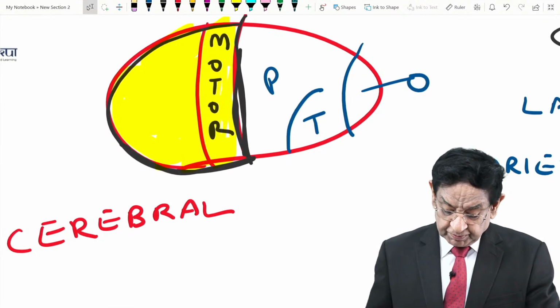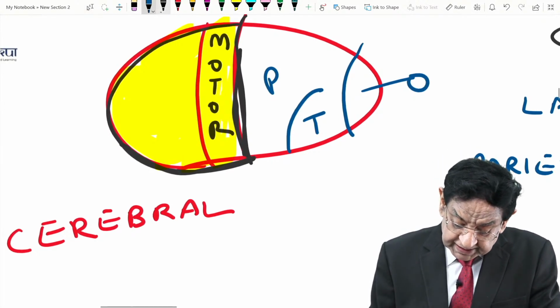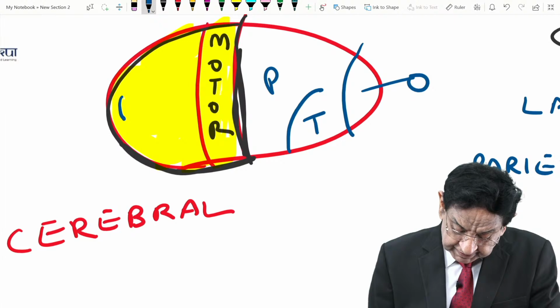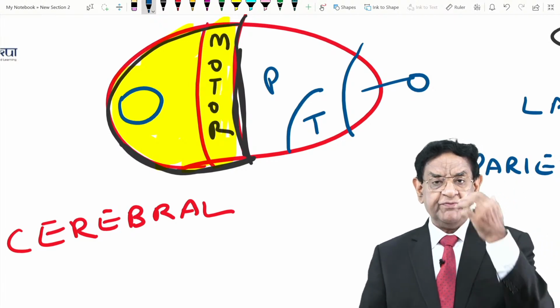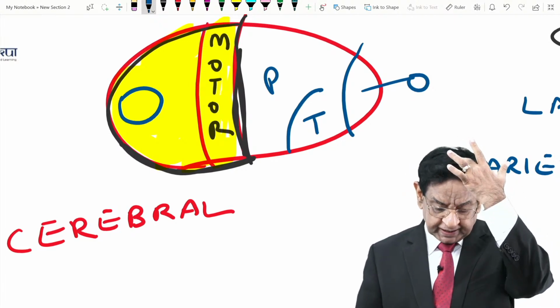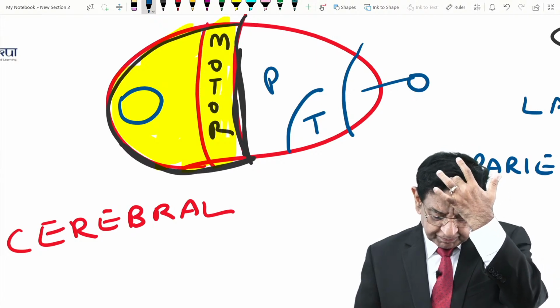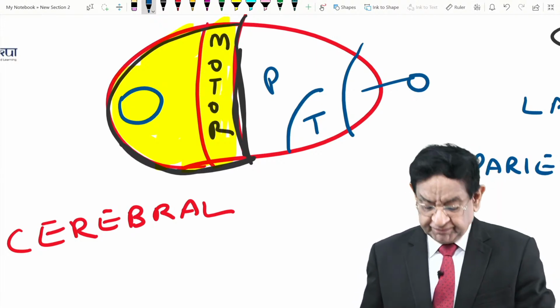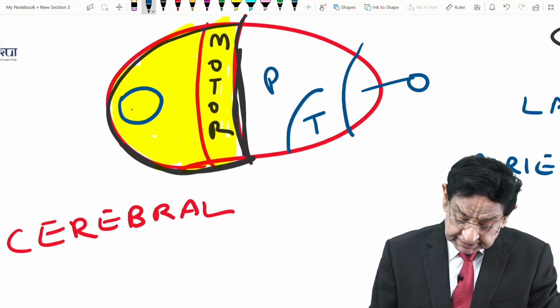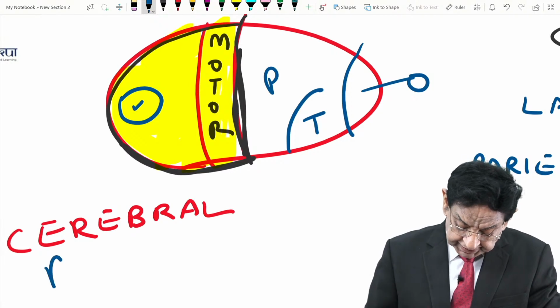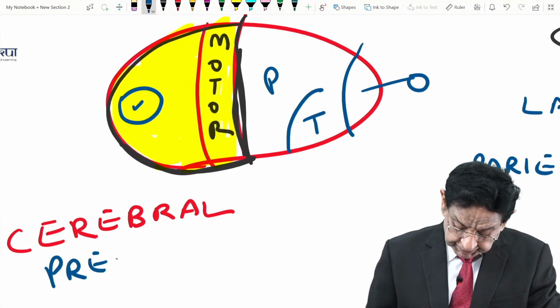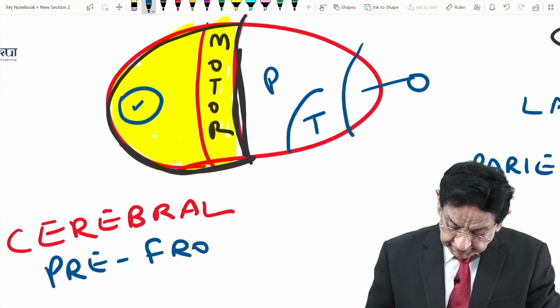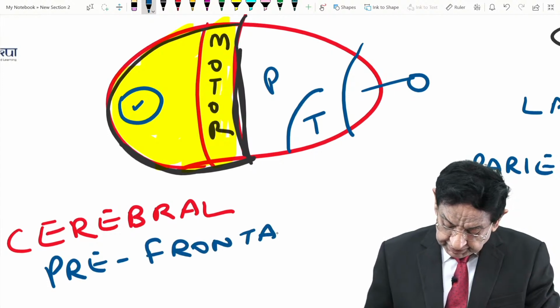Well, in the frontal lobe, there is one area in the very frontal part. If you keep your hand on the very front part of your head, this is the prefrontal cortex.